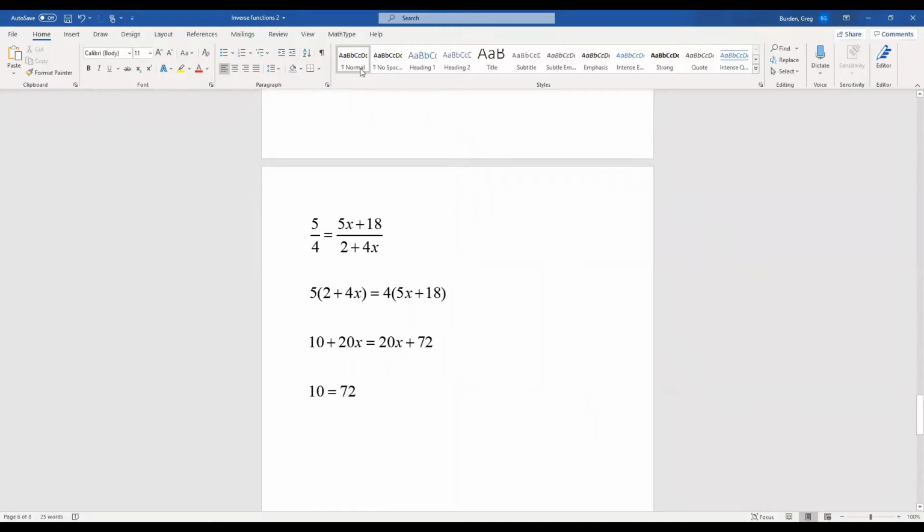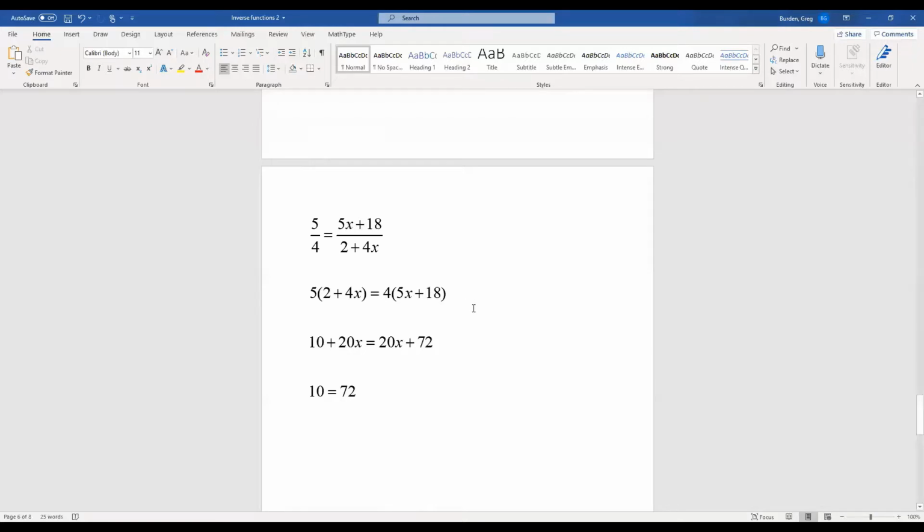Well, this is a proportion, one fraction equals another. And you can cross multiply: take 5 times the quantity 2 plus 4x, and set that equal to the product of 4 and 5x plus 18. This is called cross multiplying.